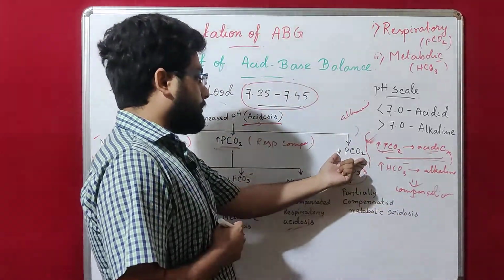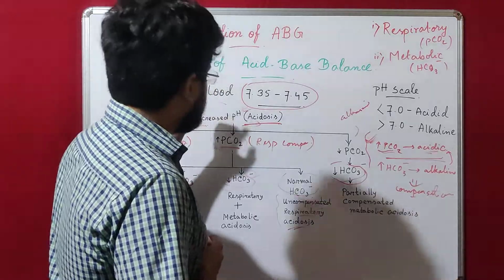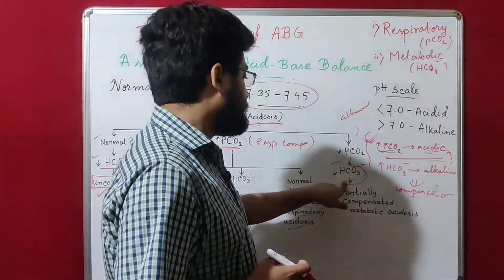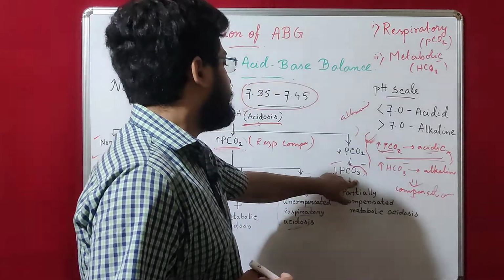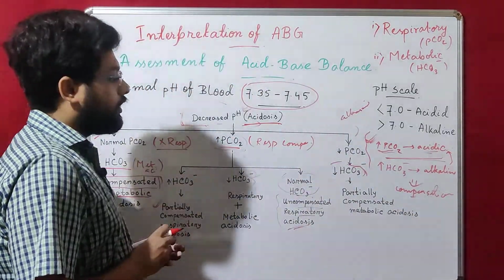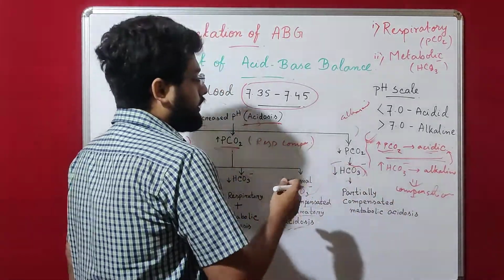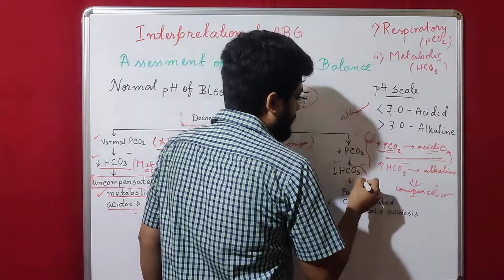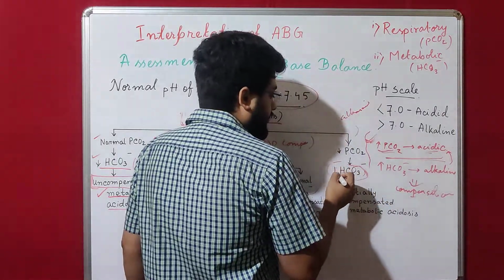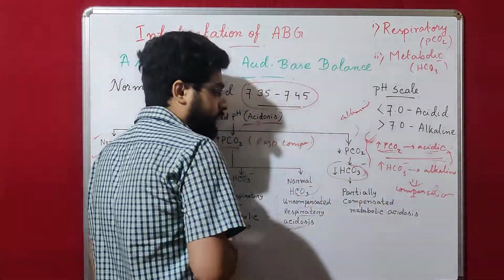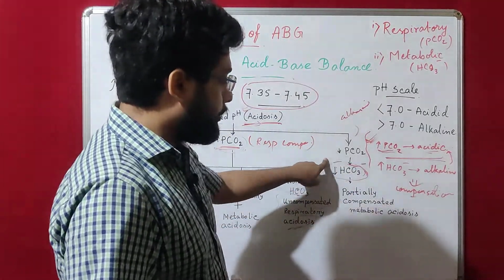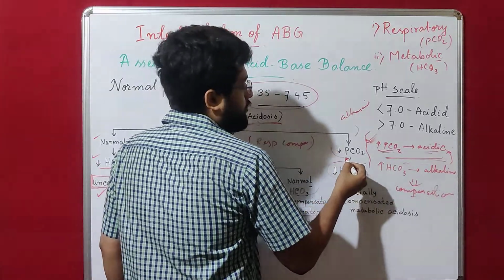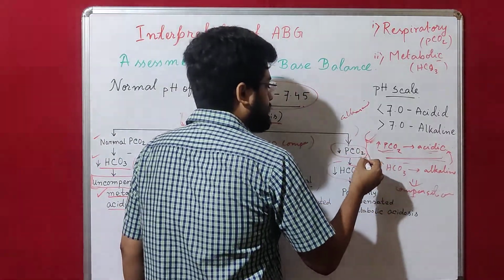So with a decreased amount of PCO2, acidosis is only possible when there is a decrease in the normal level of bicarbonate ion. Now it is clear that the acidosis is due to the metabolic component, that is, due to the decrease of bicarbonate ion. So it is obviously metabolic acidosis, and here the PCO2 level is decreased.